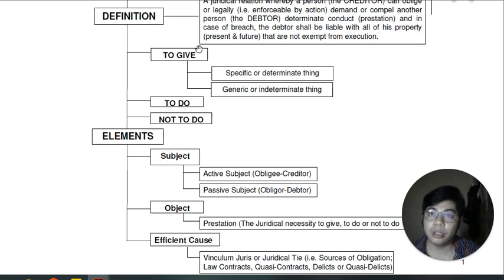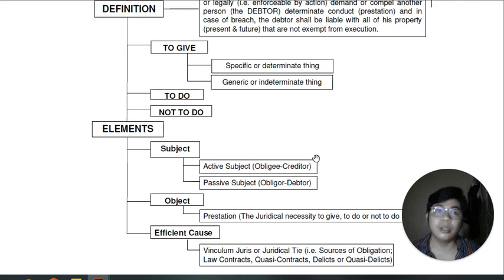Obligation to give, that's why it must be a determinate thing, and one of the requisites is that it must be determinate, or if it is indeterminate, it can be determinable. So obligation to give is a delivery of a thing. It could either be specific or generic, which we will discuss later. So this is just an overview, class.